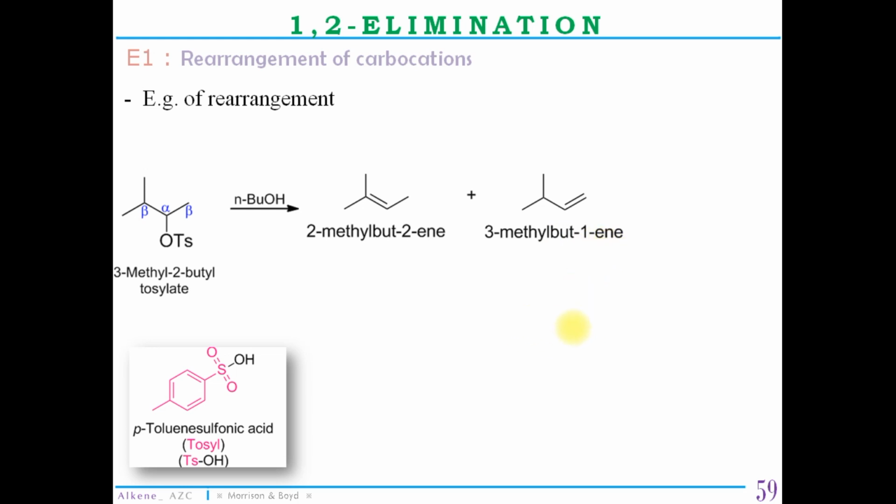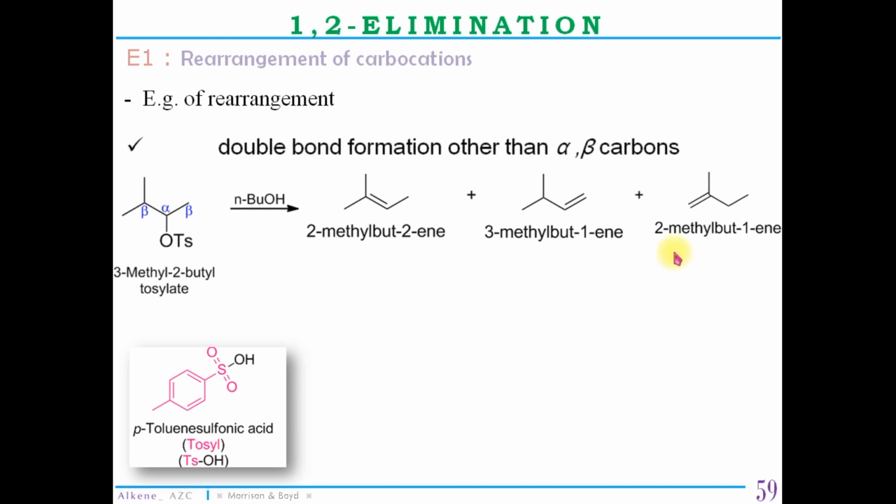Apart from these two products, a third product is also observed in the reaction, which is 2-methyl-1-butene. This product has the double bond formed other than at the alpha-beta carbon. The first product is observed at the alpha-beta carbon, here we have 3-methyl-1-butene, and we have the third product where the double bond is on the beta-gamma carbon.